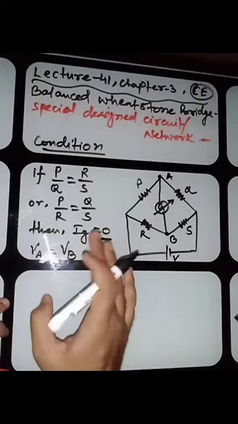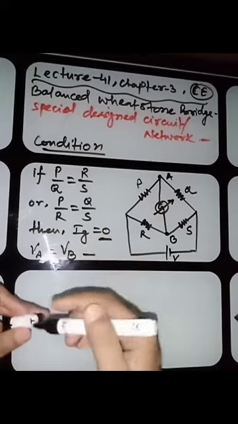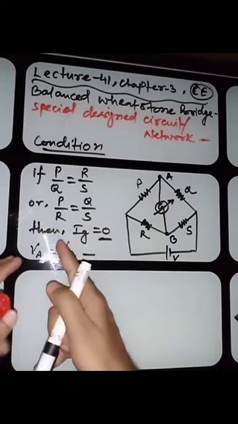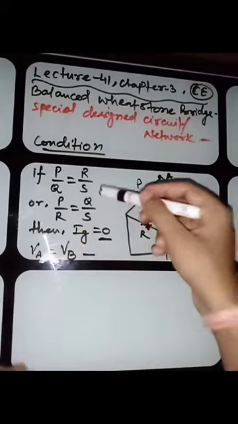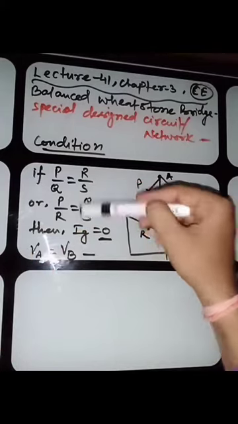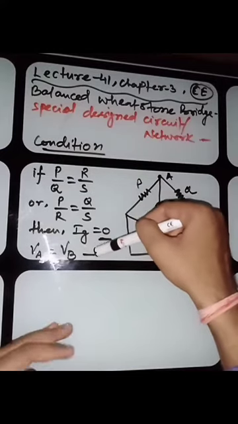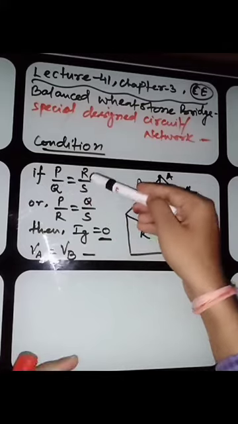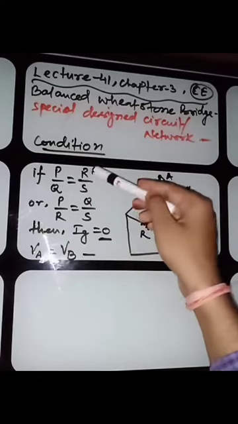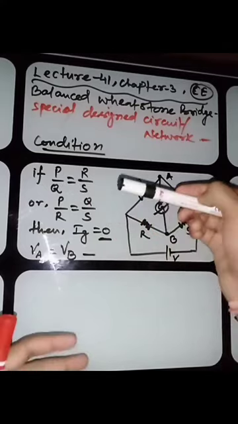Even in the board examination you may be asked to prove this condition, using any one condition, either this one or this one. If you use IZ equals 0, then you have to prove P by Q equals R by S. If you use P by Q equals R by S, then you have to prove IZ will be 0.